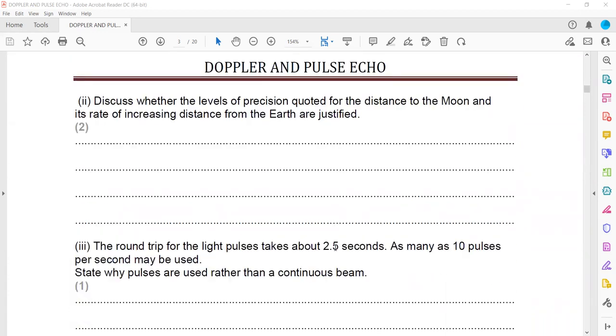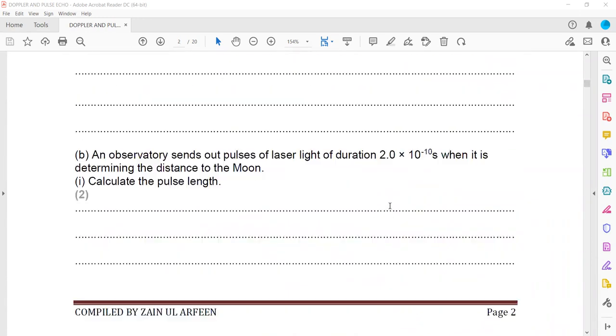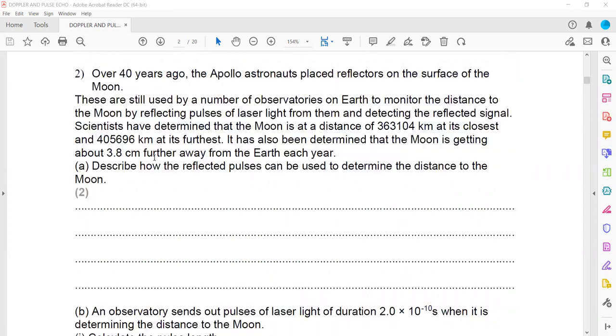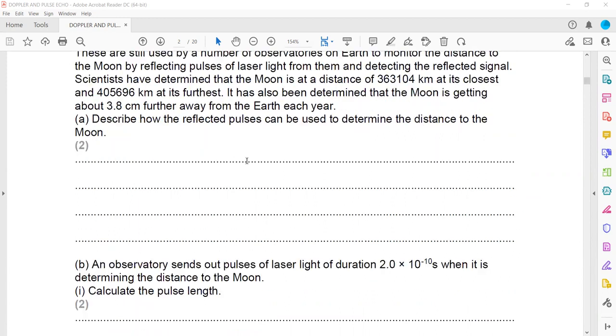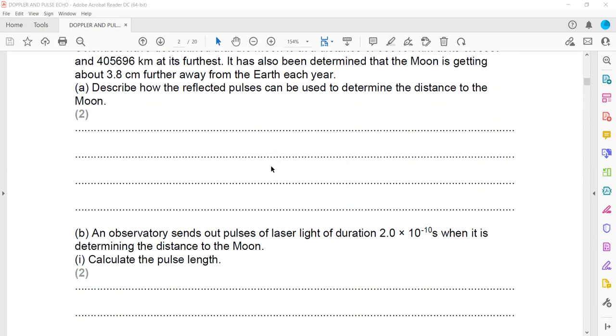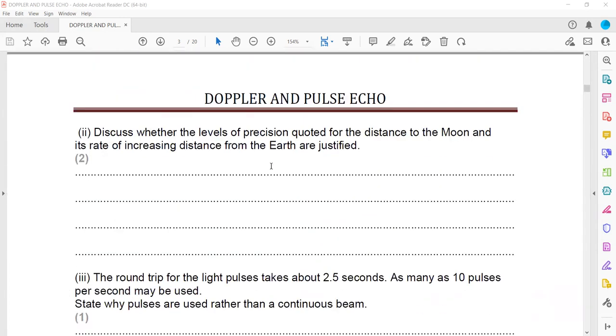So how can we justify whether the precision which is mentioned here is right? It is mentioned that it is moving 3.8 centimeter every year. So is 3.8 centimeter comparable to the total distance which we calculate, or what percentage of precision is there?